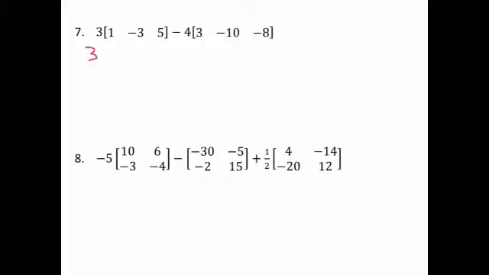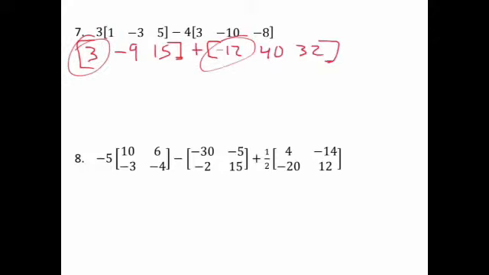I'm going to do 3 times everything inside, which is going to give me 3, -9, 15. And I'm going to distribute -4. So that's going to give me -12, +40, and then +32. And now I just add all those pieces, the ones that correspond.